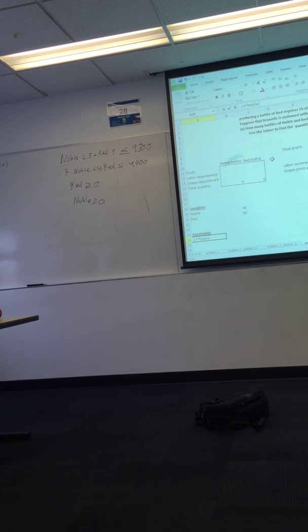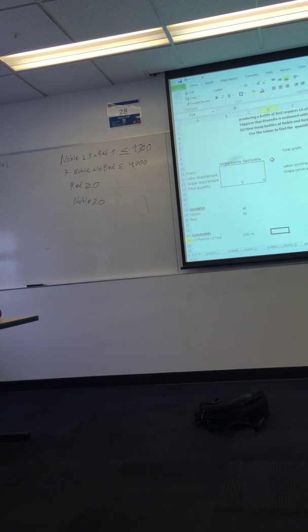And now to the right, I will actually calculate it: 2.5 multiplied by Nobel plus 1 multiplied by Red. And I want this number to be lower or equal to 1,300.